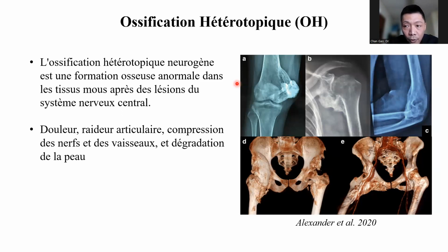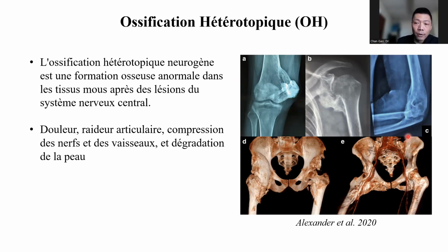As I mentioned before, this is a condition where abnormal bone forms in the soft tissues, including the muscle, the tendon, and even the skin. It normally occurs around the big joints, such as the hips, the knees, the shoulders, and the elbows.